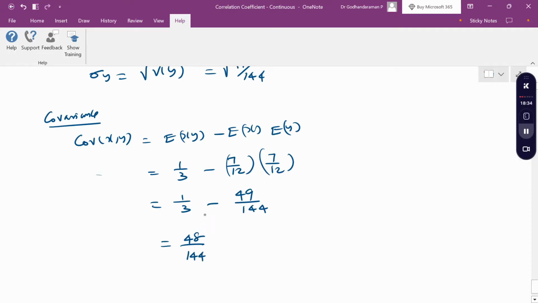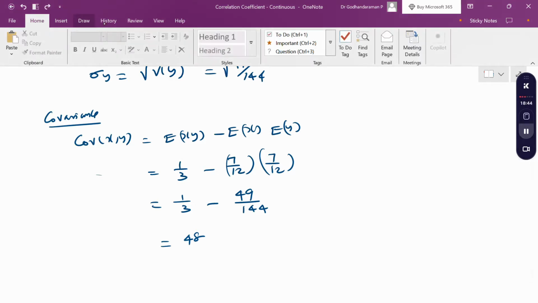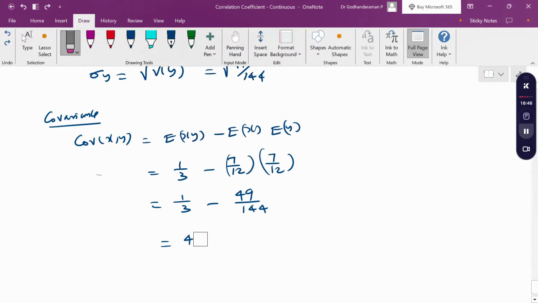How to take the LCM? I want to convert this 1 by 3 into an equal denominator term, so 3 into 48 is 144, and 1 into 48 is 48.